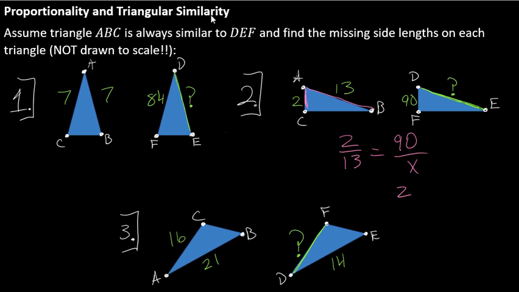Cross multiply, 2x is equal to 90 times 13, which is 1170. And we divide that by 2 on both sides. And we get x equals 585.